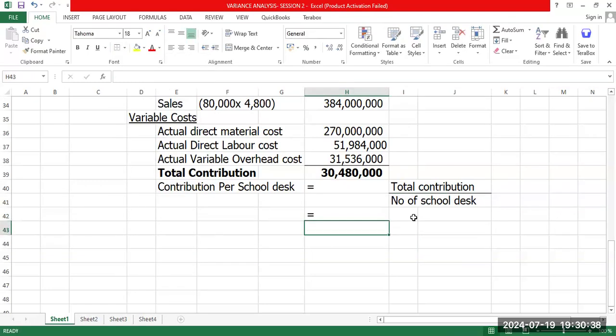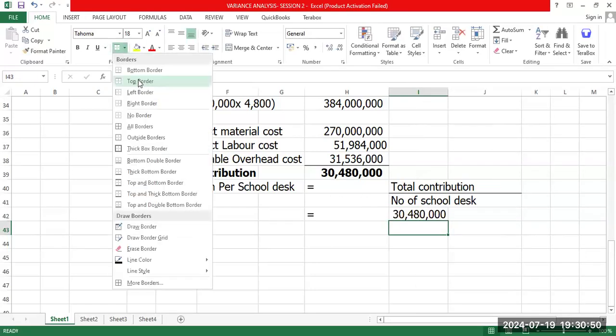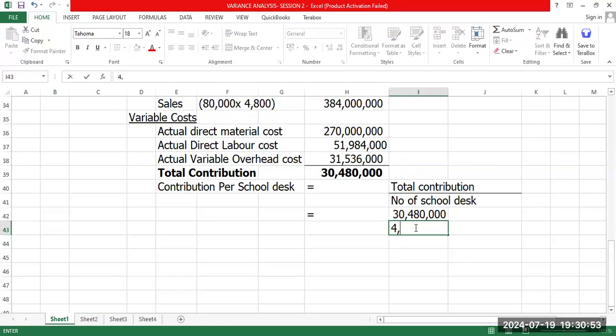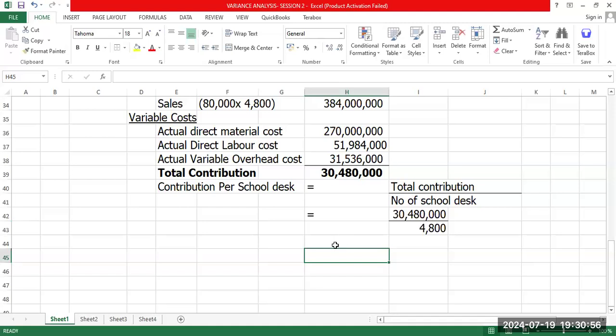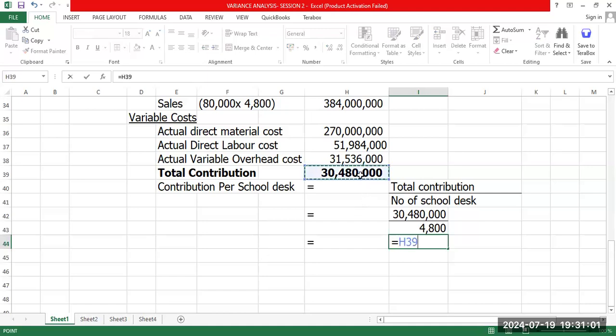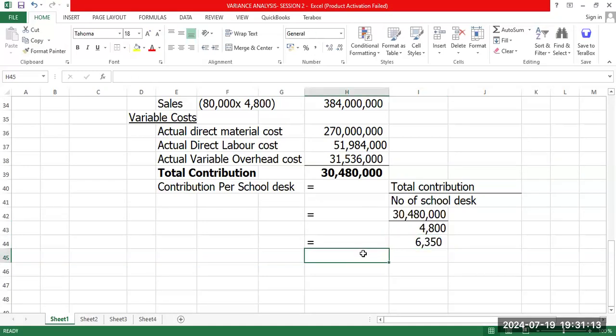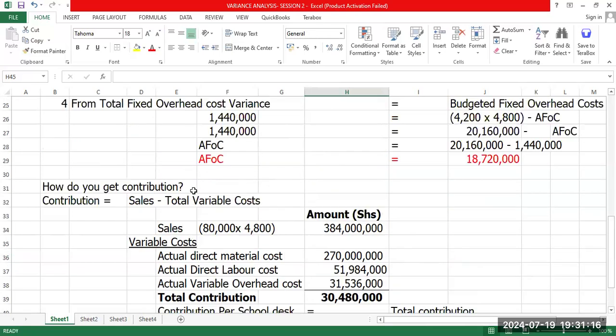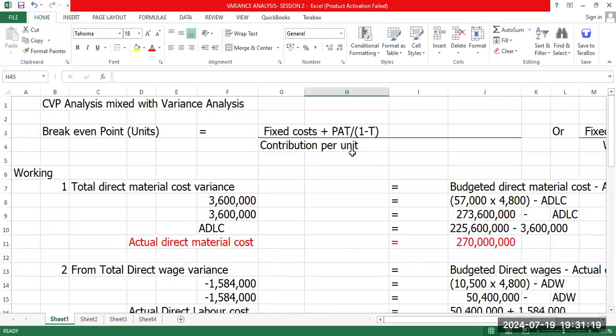So we get this figure, then we divide by 4,800, and the answer we have is equal to this. That's what you have? Yes. Perfect. So we have our contribution per unit now.